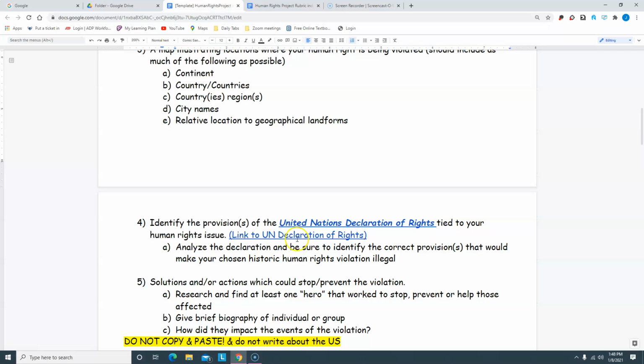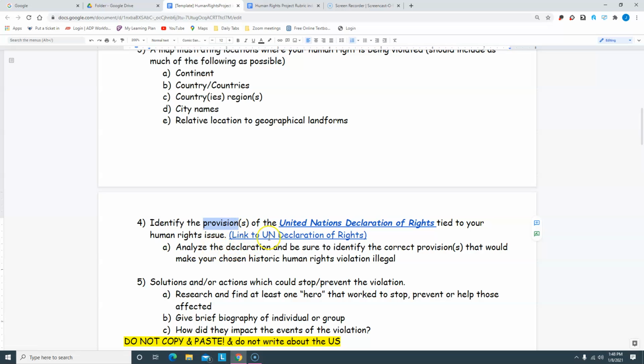You're going to find one of these provisions. A provision is just another word for a law or a statute, basically listing out the human rights laws that are no longer acceptable and can be tried in a court of law or international law.